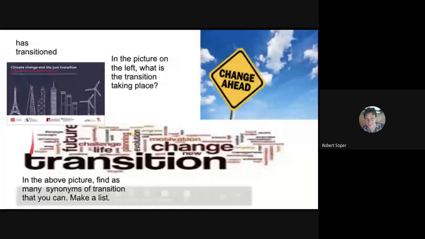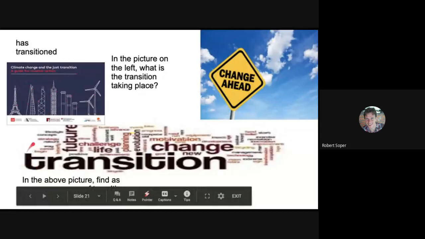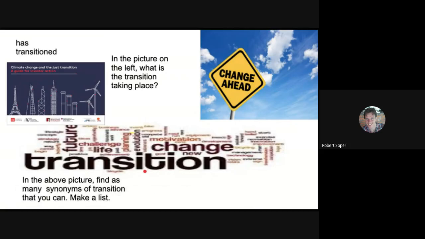So here we have a list of different words associated with transition. So in the above picture, can you find any synonyms for transition? Okay, so hopefully you came across a word like change, move, switch, shift.